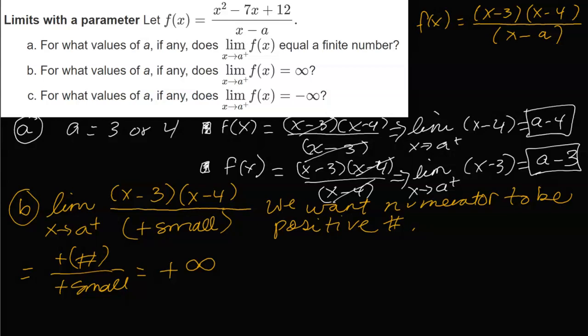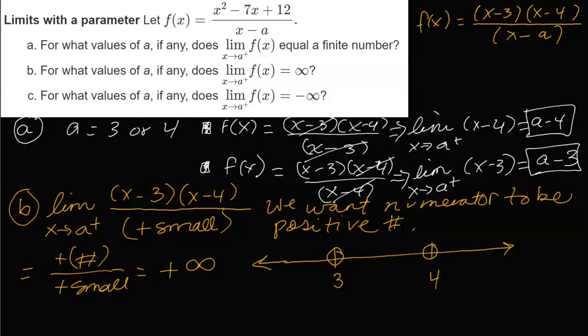So how do we know when the numerator is positive? Well, the numerator is 0 when x is 3 or when x is 4. So those are our cutoff points, and we want to know when that product is positive. So let's check.